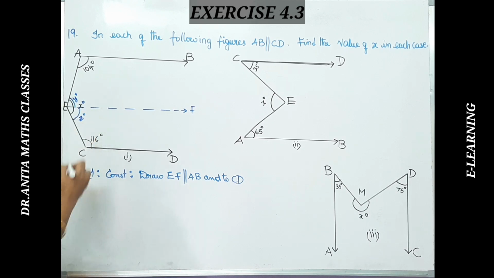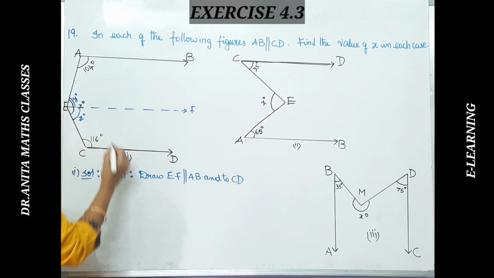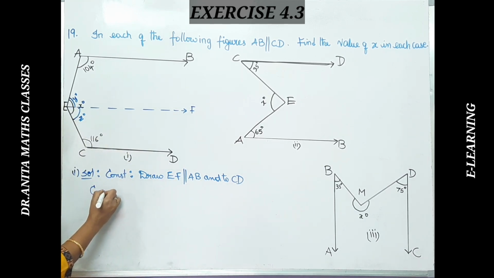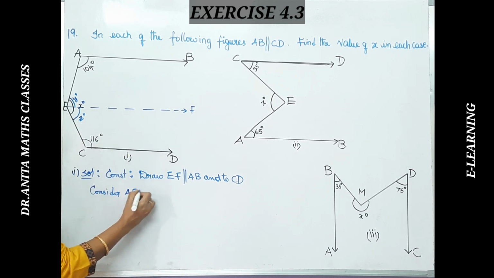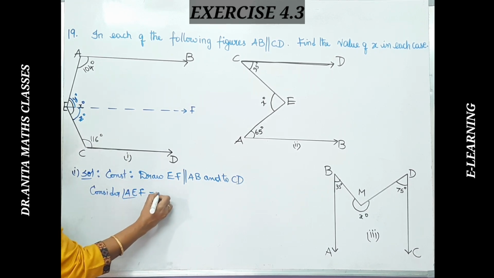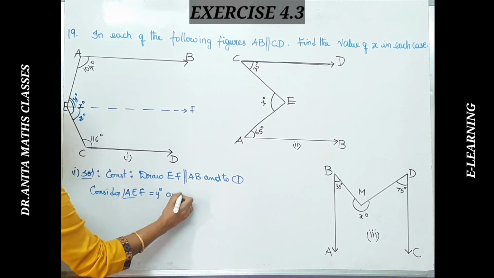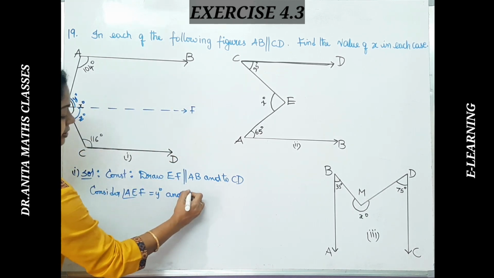This complete angle is x given. I am supposing this angle as y and this angle as z. So consider angle AEF equal to y and angle FEC as z.